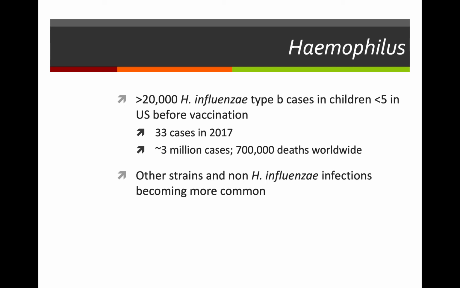And we're also seeing non-Haemophilus influenzae infections, so maybe Haemophilus parainfluenzae, for example. Again, those other strains, those non-Haemophilus influenzae infections, are not as severe as Haemophilus influenzae type B.